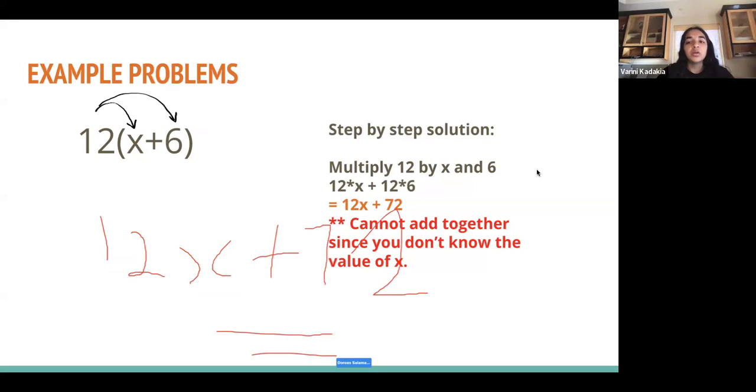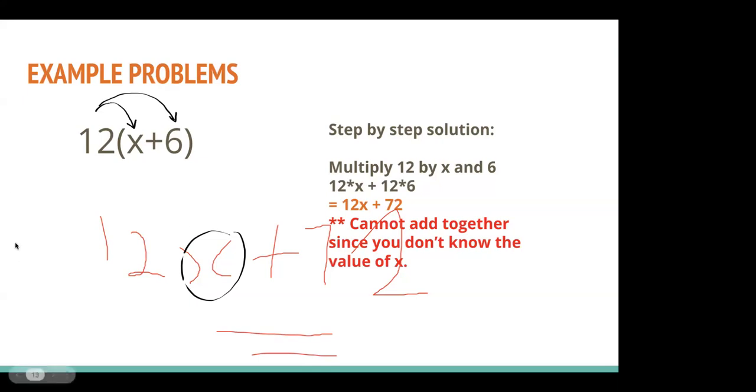Yeah. So just note you can't add these two terms together. You can't combine them like numbers into one number because you don't know what the value of x is, so you can't just get rid of it. So it has to stay there. It's 12x plus 72. Does that make sense to everyone? Yeah? Okay.